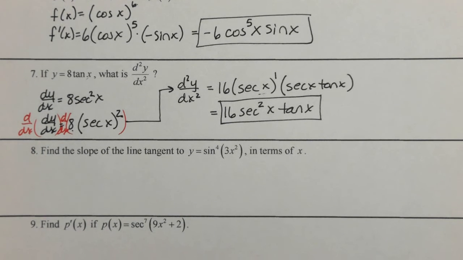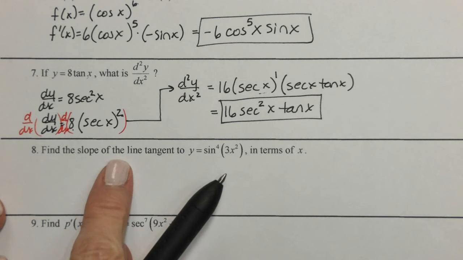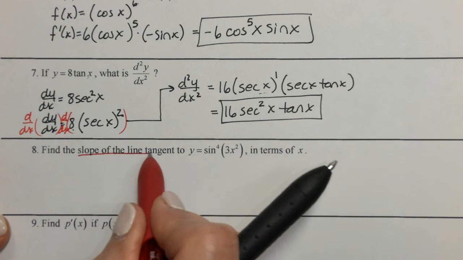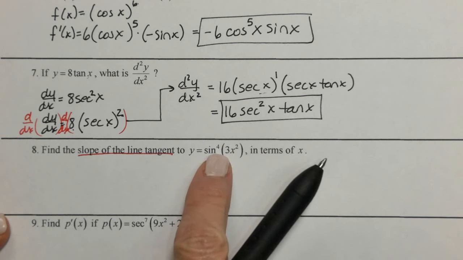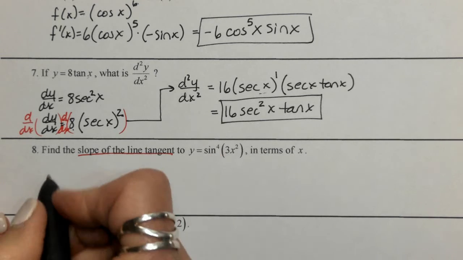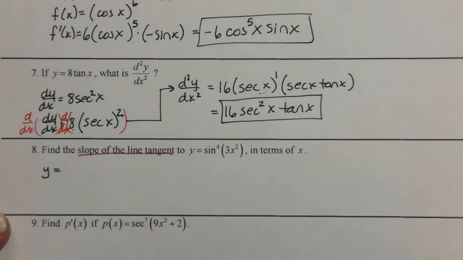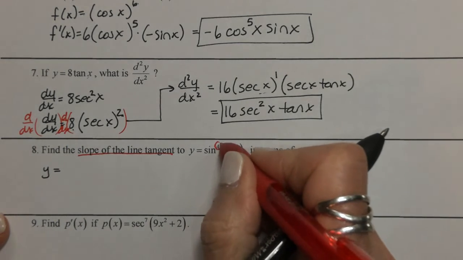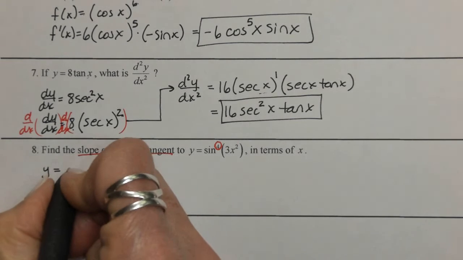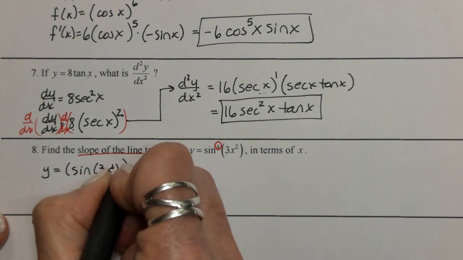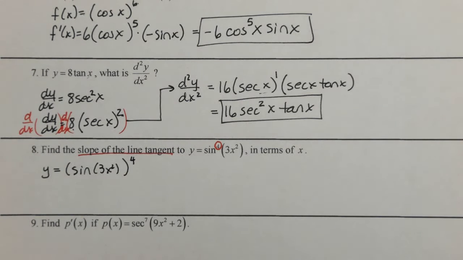Okay, alrighty. Number 8. Find the slope of the line tangent, that's just another way to say derivative, to this function in terms of x. Well, the first thing I'm going to do is I see this 4 as a power, so I'm going to rewrite this as sine of 3x squared all to the 4th power.